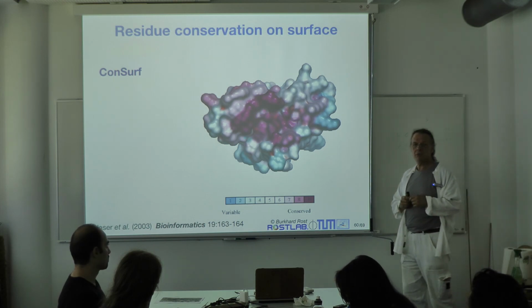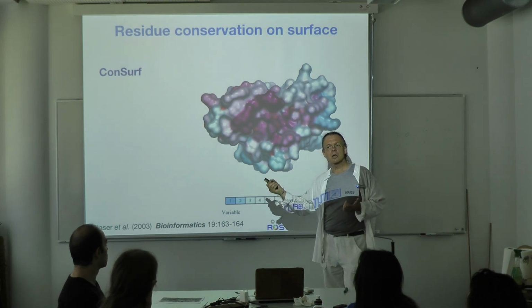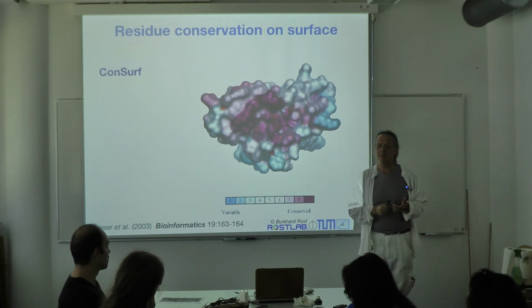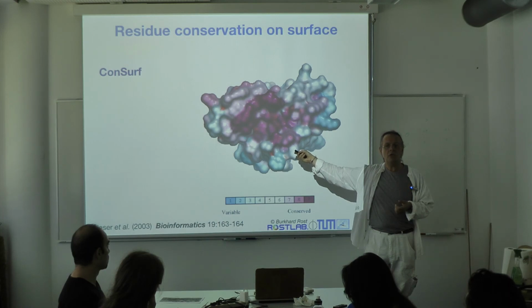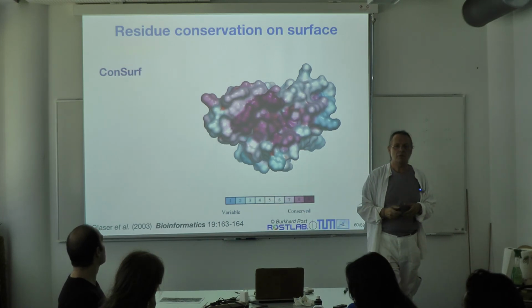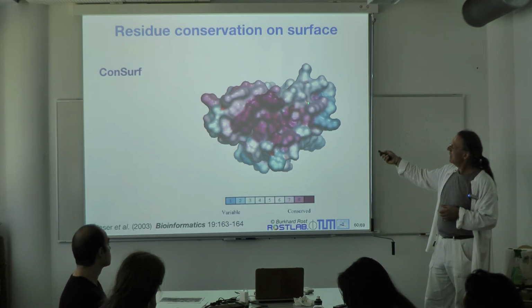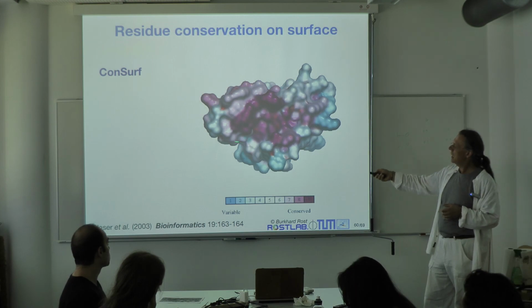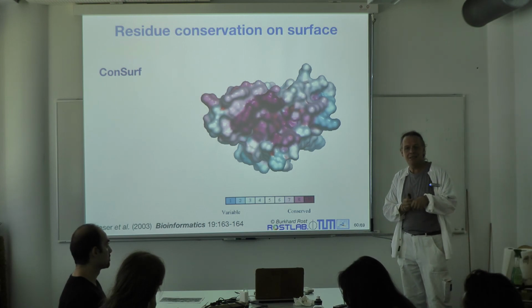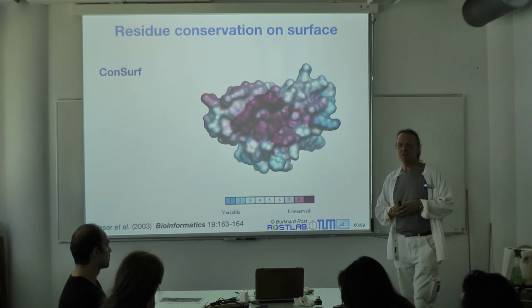So you take a protein surface and put a color onto it according to what is conserved in an alignment. The more conserved, the more red. The less conserved, the more cyan here, or the more blue. And looking at this, you may immediately see that you have a binding site. It looks like a hole that is conserved, most likely a binding site.